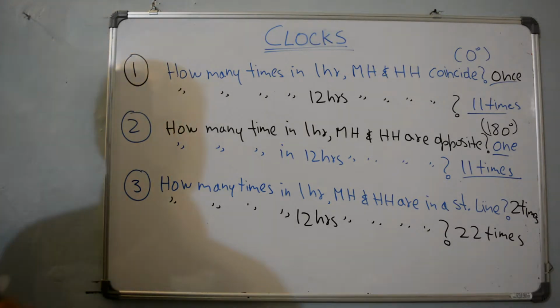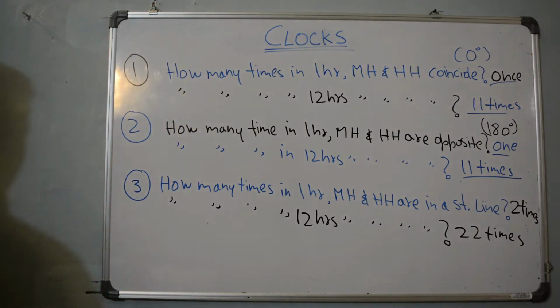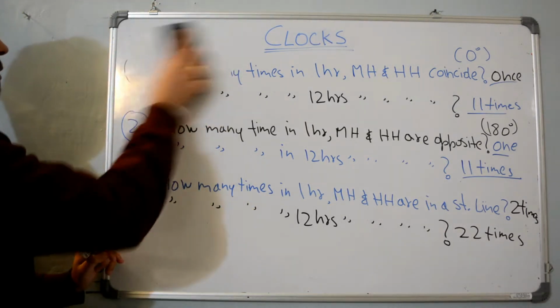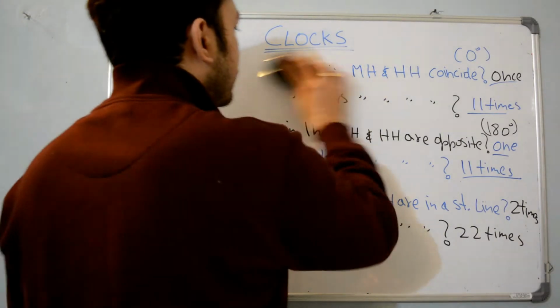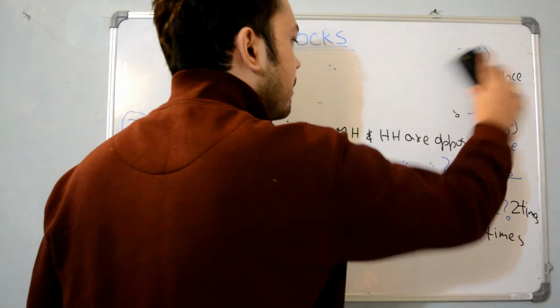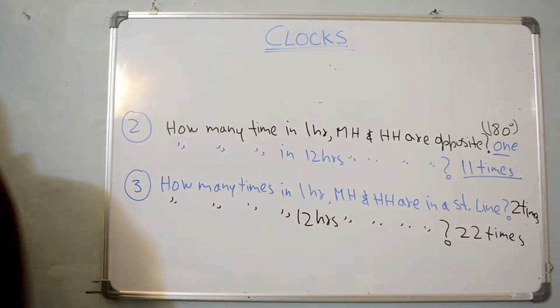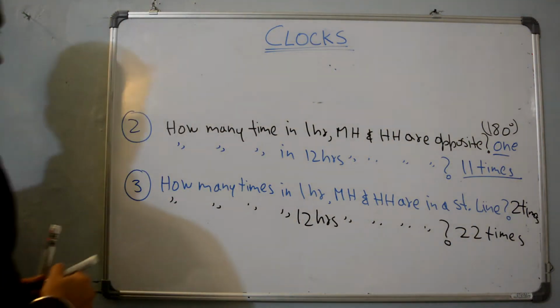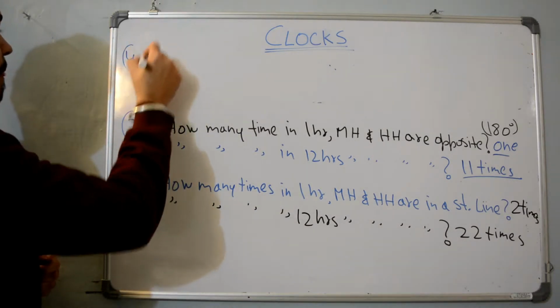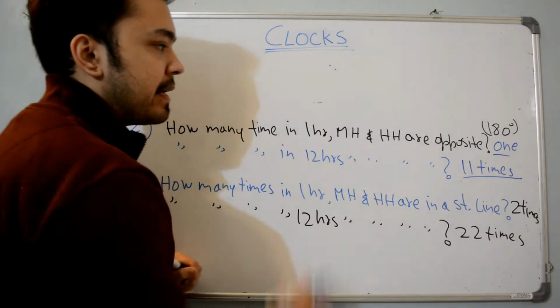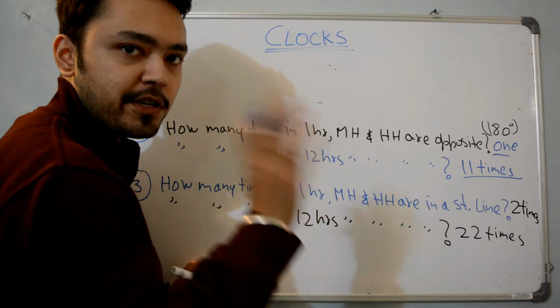Clear? Now we come to our fourth very important conclusion. The fourth conclusion, in a way, is an expansion of our second result. If you read it, I have written how many times in 1 hour the minute hand and hour hand are opposite to each other.